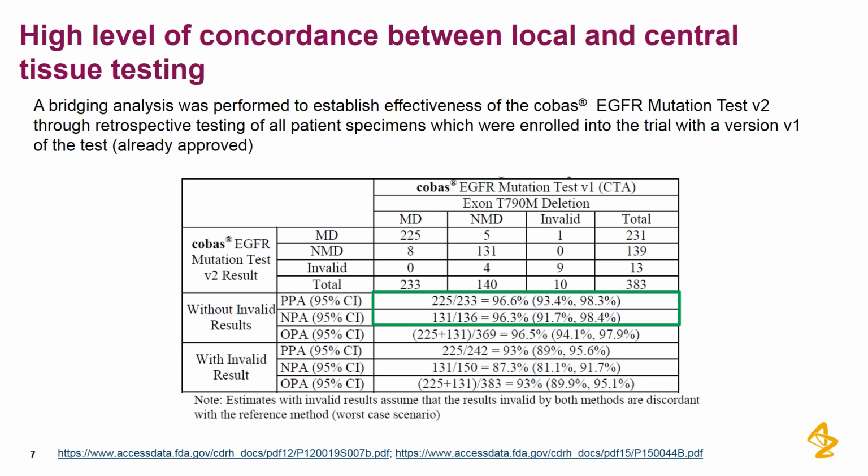The NPA was also high, just over 96%. So here we were seeing high concordance and good reliability of version 2 of the test versus version 1 for identification of the T79M mutation in our screened patients.